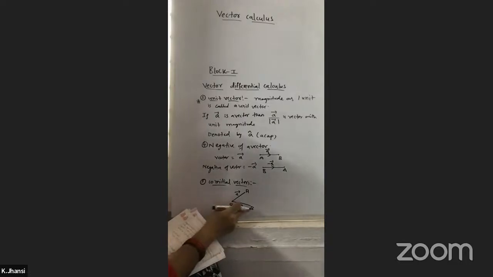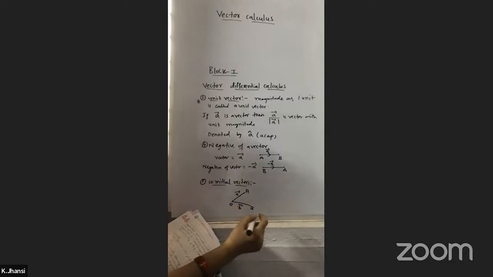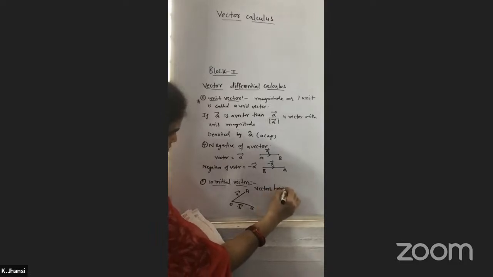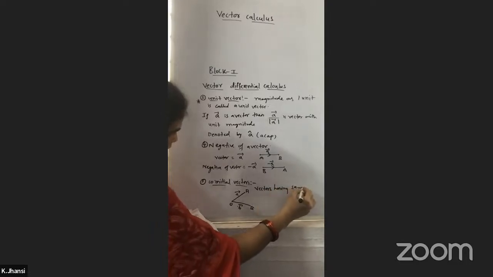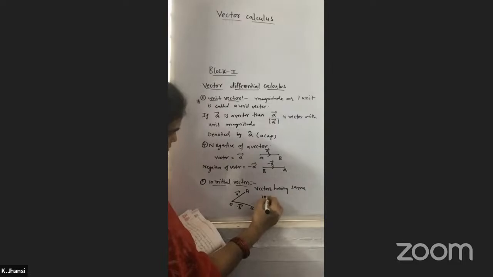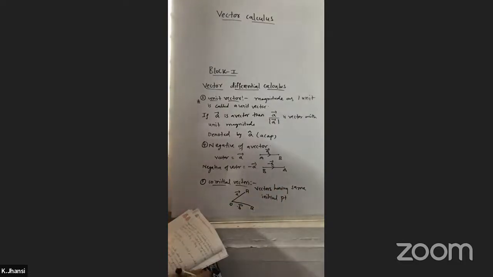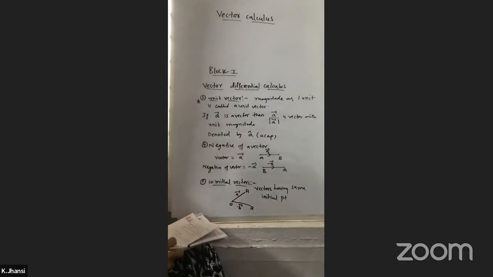This is the initial point of vector B and also the initial point of vector A. If they meet at one point O, then such vectors are called co-initial vectors.